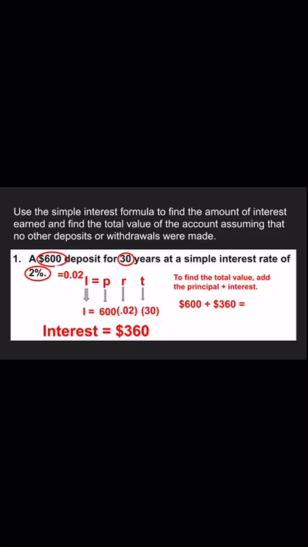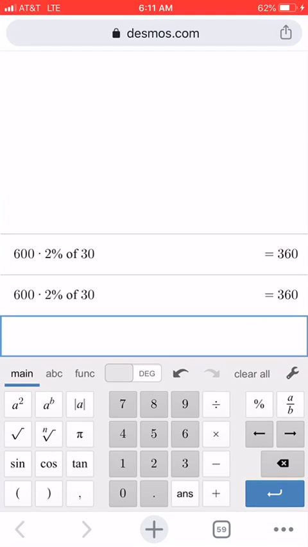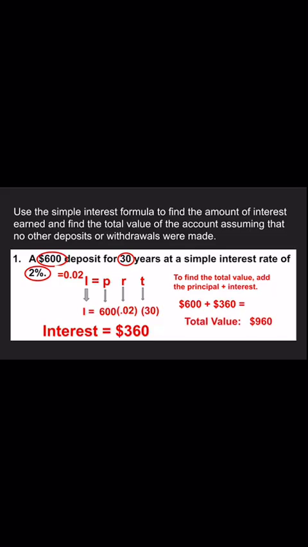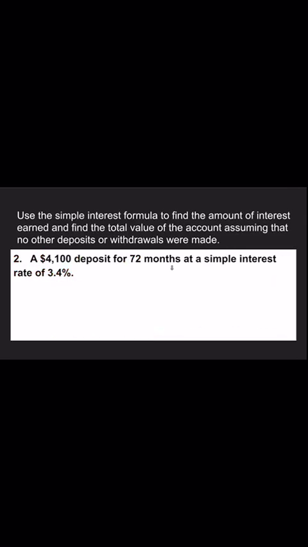So the $600 that he had at the beginning, plus the $360 for putting into the bank for 30 years. Let's say we didn't know. I could go to my calculator. 600 plus 360. $960.